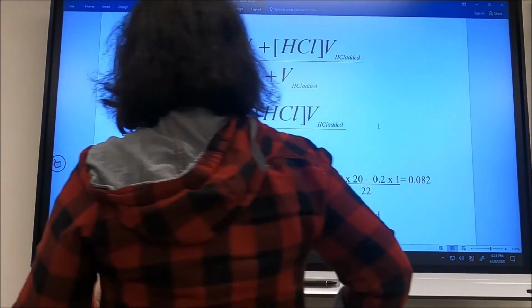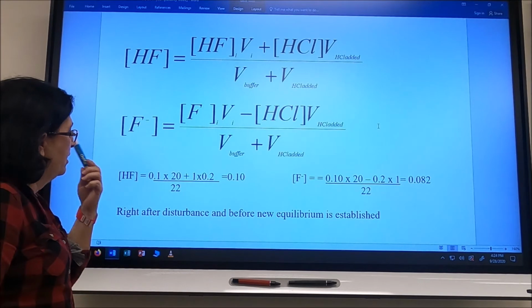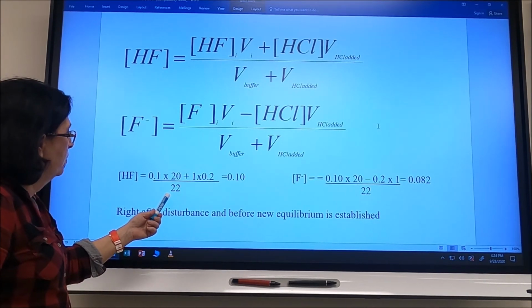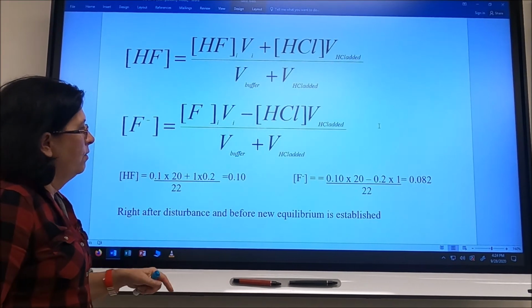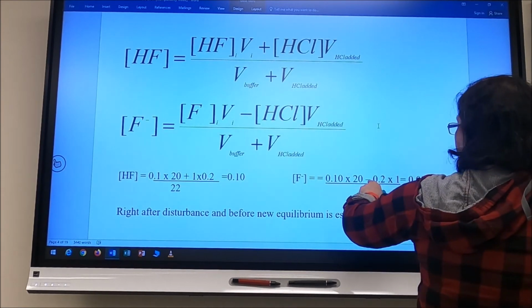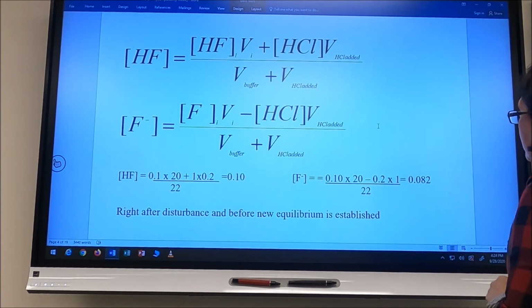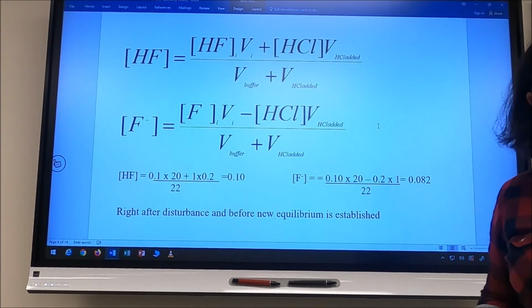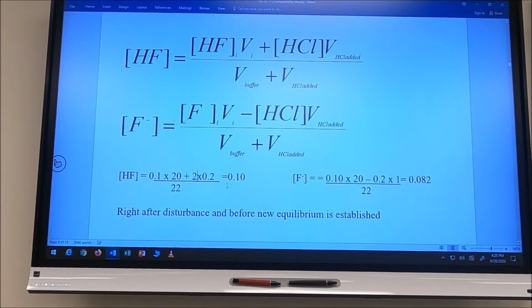So when I do that, 0.1 times 20 plus 1 times 0.2 divided by 22, 0.1 times 20 minus 0.2 times 1, divided by 22. Why did I put 1 there? I have a typo. It should be 2 because we added 2 milliliters. So guys, right here, that should be a 2. That should be a 2.